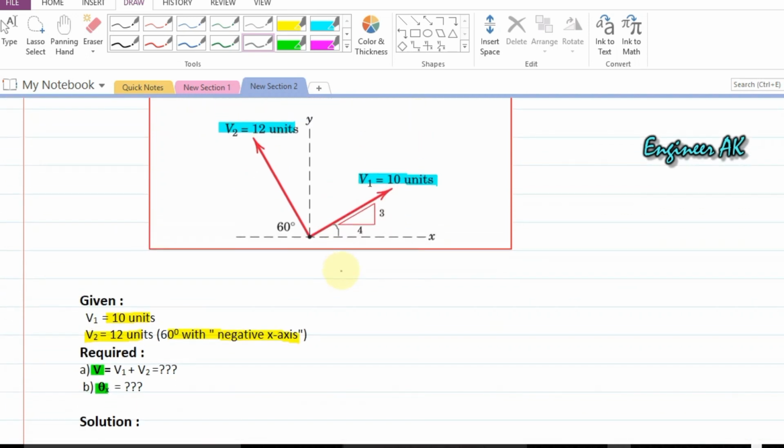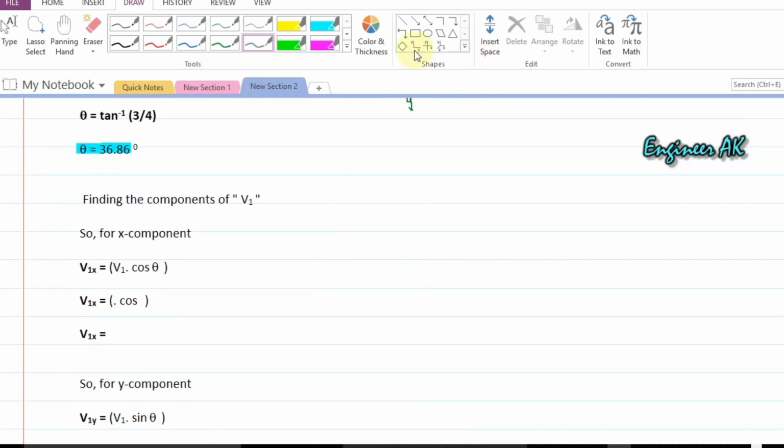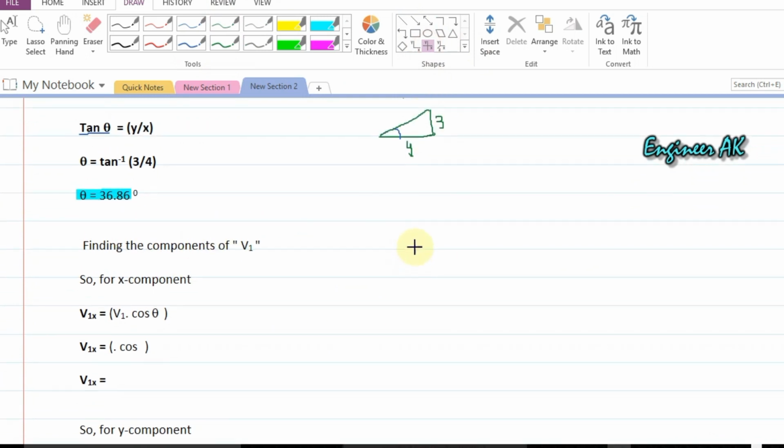Now what we will do is, let me first draw the coordinate axes. Here let me draw vector 1.